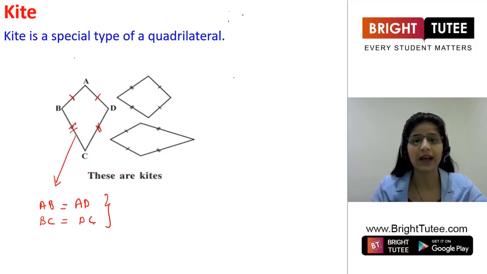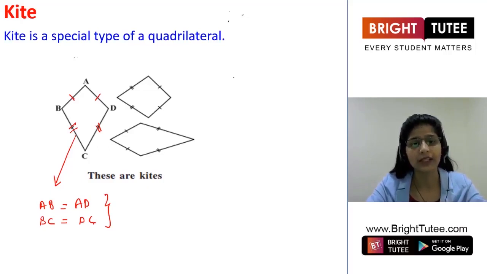We observe that the pair of adjacent sides are equal in kite. So it is a special quadrilateral, it is a special four-sided polygon that has adjacent sides as equal. Pair of adjacent sides as equal, AB and AD from the same vertex A, right? They are equal to each other. Similarly, BC and DC are equal to each other.